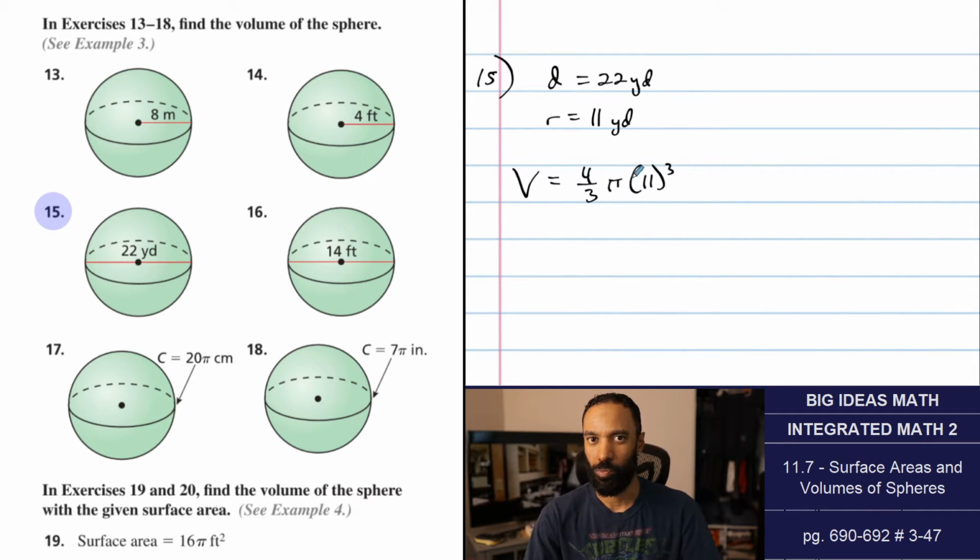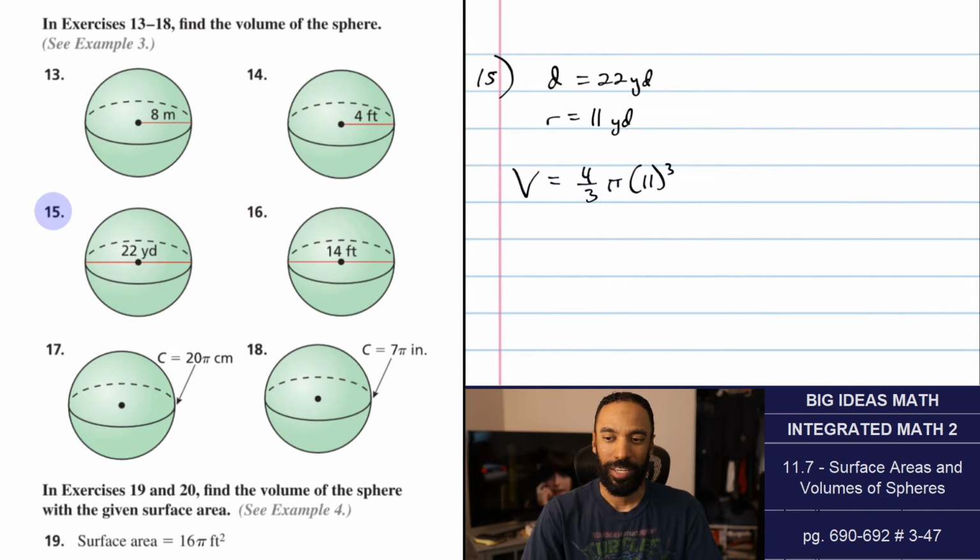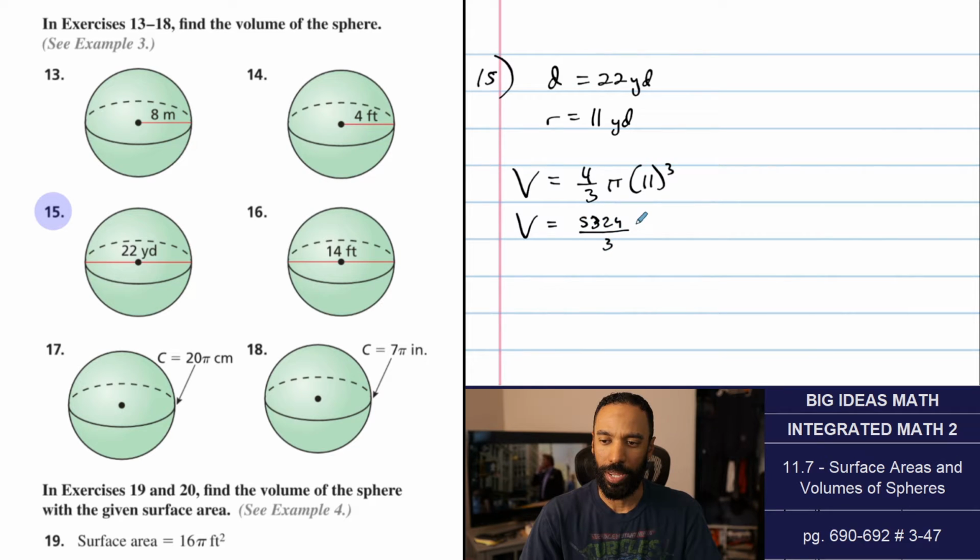I believe that's 1,331. So multiplied by 4. I'm going to let my calculator do that. 11 cubed. Yep, 1331 times 4. 5324. So this ends up being 5324 over 3 pi.